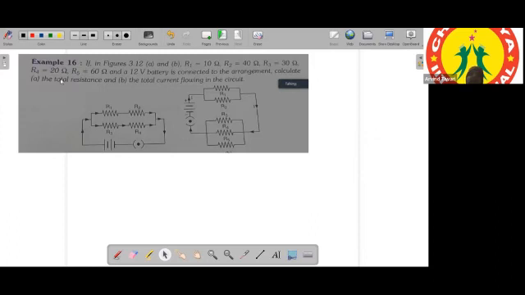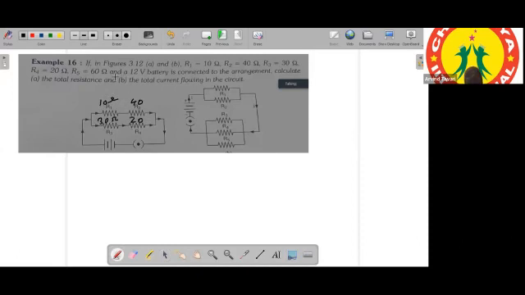Redraw the circuit. See, if in figure 3.14 A and B, R1 is given as 10 ohm and R2 as 40 ohm. So you have R1 10, R2 40, then R3 30 and R4 20.